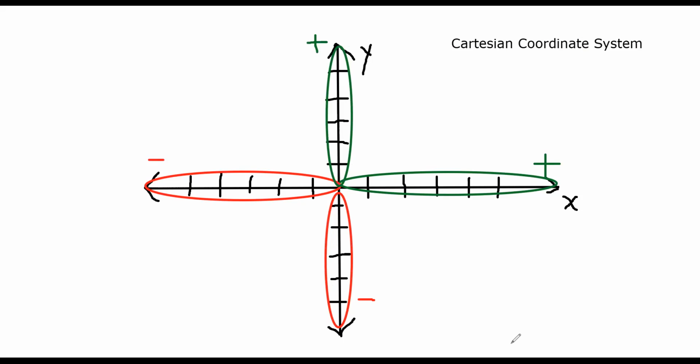That's how these points work. So what we're going to do is we're going to be writing coordinate pairs. X comma y. You always put your x coordinate first and your y coordinate second. X coordinate first, y coordinate second.